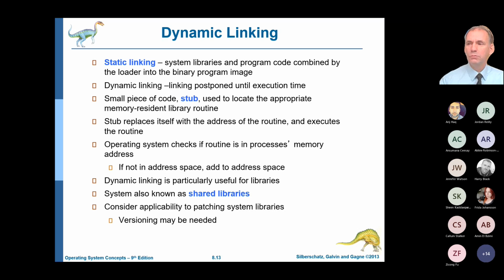Instead, what we do is we call the API, call the stub, and that then locates it in memory. That's called dynamic linking. All of these libraries are dynamically linked libraries. They're only brought in when they're needed, and they're put into different places in memory.